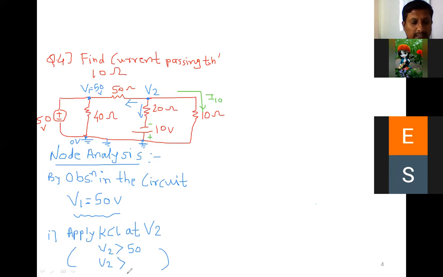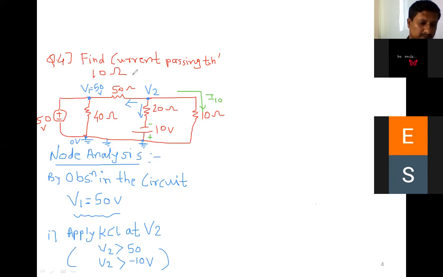The positive terminal is not on top. It is below. The 10 value is correct, but minus or plus? Minus. Yes. So if V2 is greater than minus 10, then the current direction is from top to bottom. Otherwise, it will flow from bottom to top.